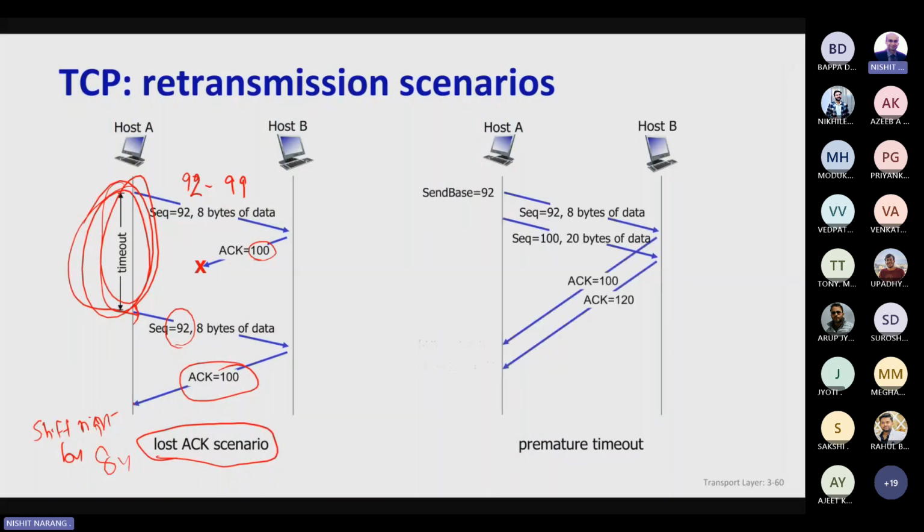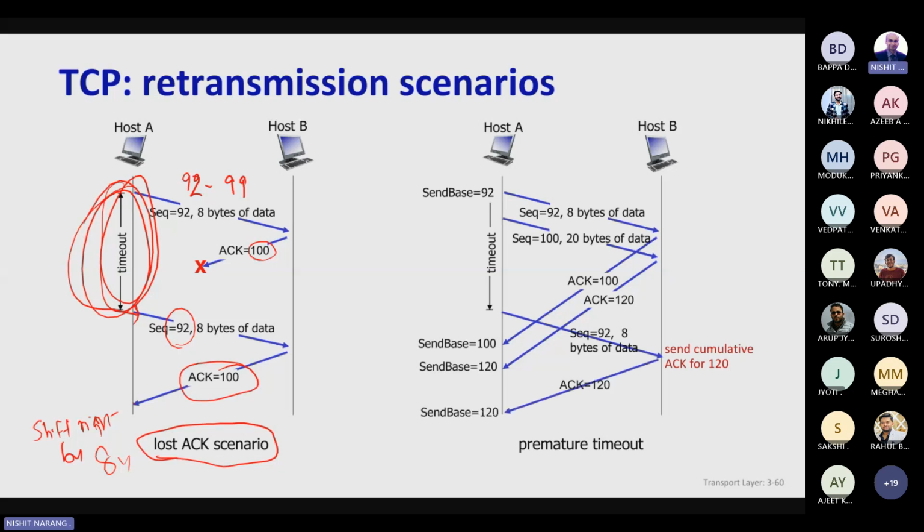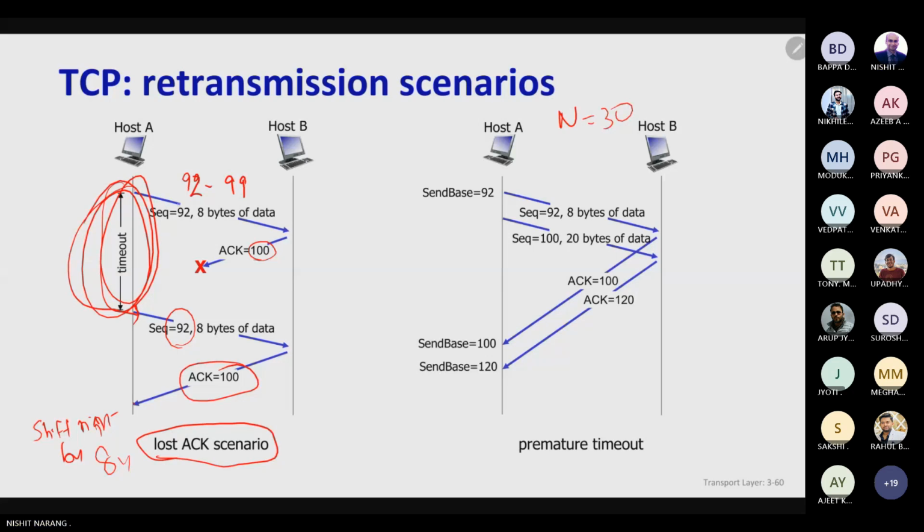My sliding window was of 30 bytes, let's say, N equal to 30 in this example. So the application first gave me 8 bytes, which was there in the previous example also.